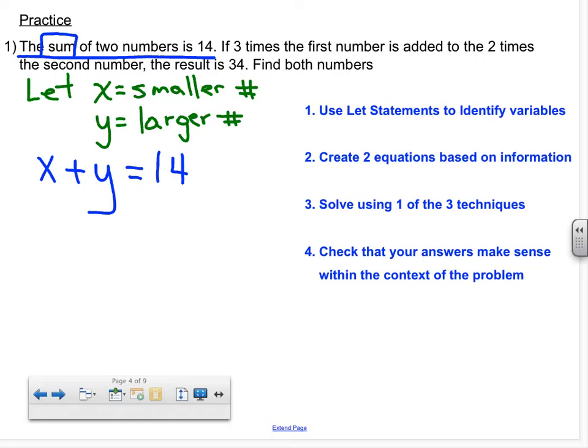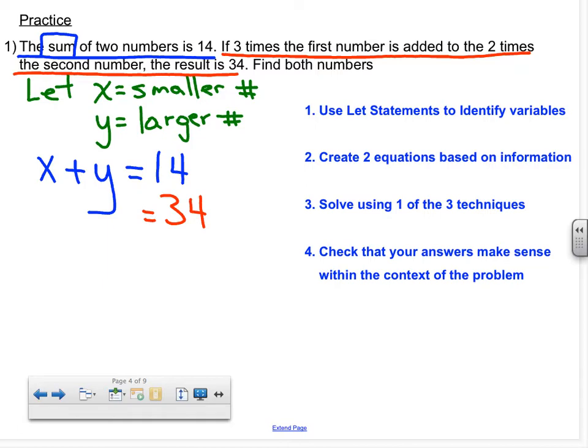Okay, and now since it's a system, I do need a second equation. I wouldn't be able to solve x plus y equals 14. I need two equations. And that's the second sentence. This one's a little bit more wordy, so we'll break it down piece by piece. If you want to start at the end, you can see it is 34. So we know we're going to have something equal to 34.